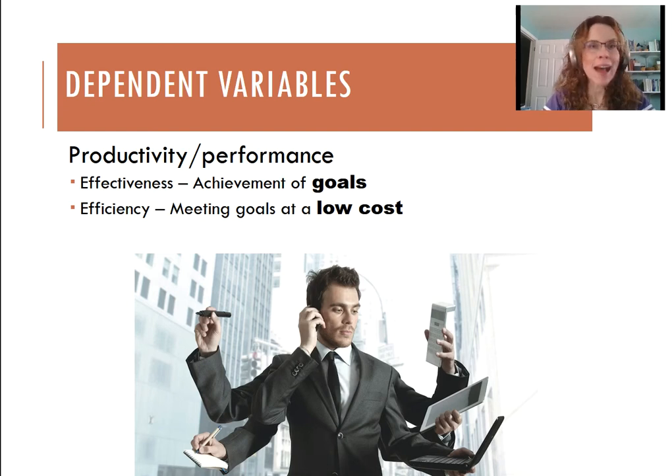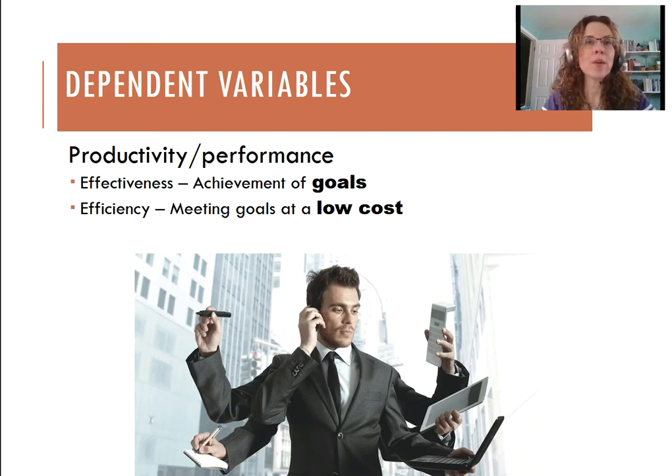So when you graduate from SNC, whenever that might be, you will have deemed yourself effective if in fact you achieved, let's say, a GPA goal that you had for yourself or a time to degree goal that you had for yourself. Again, effectiveness is all about achievement of goals. Whereas efficiency, another element of productivity or performance, is meeting those goals at the lowest possible cost.